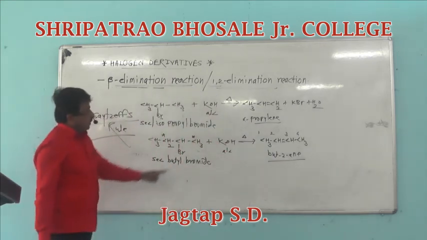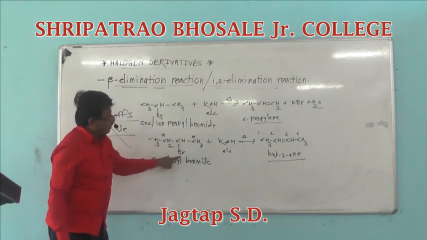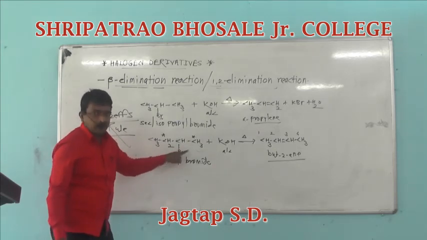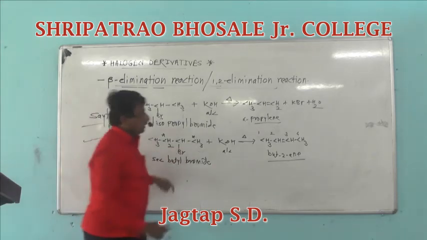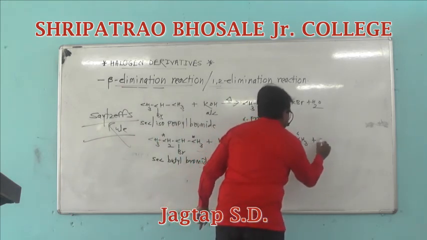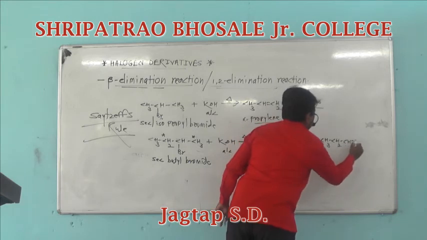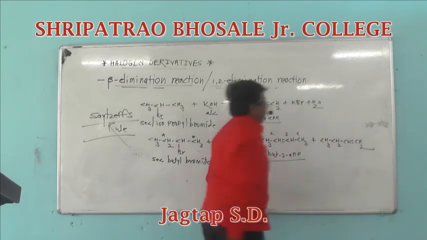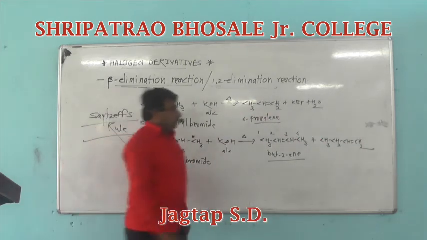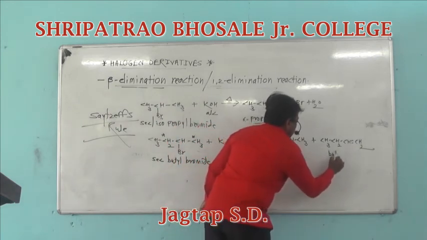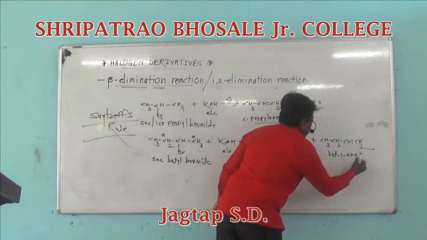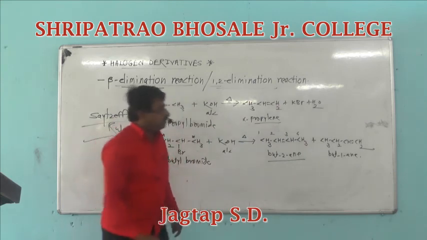If the removal of hydrogen halide takes place from primary carbon, then the second possible product is CH3, CH2, CH double bond CH2. According to IUPAC system, it is named as but-1-ene.